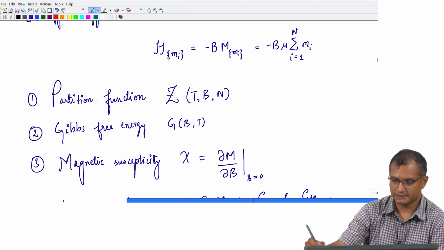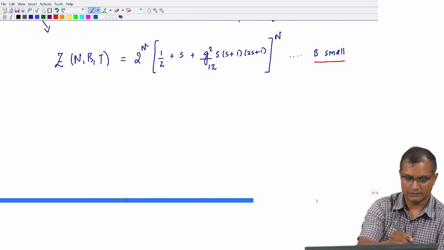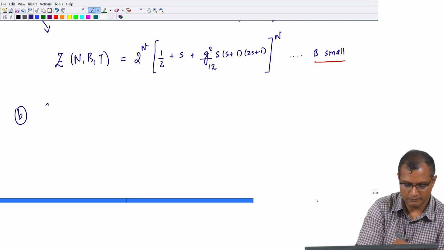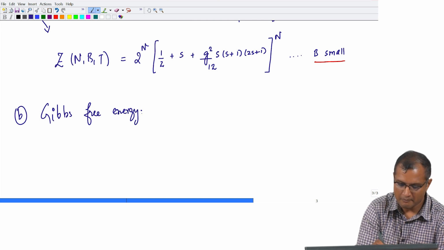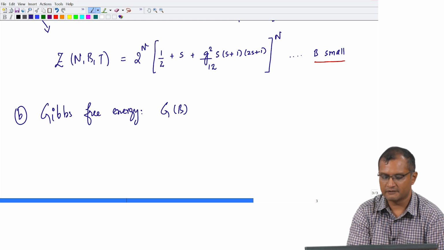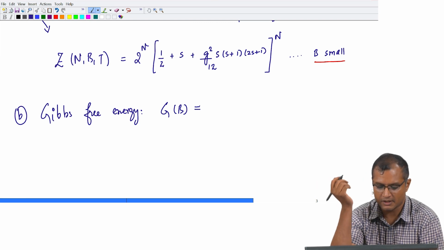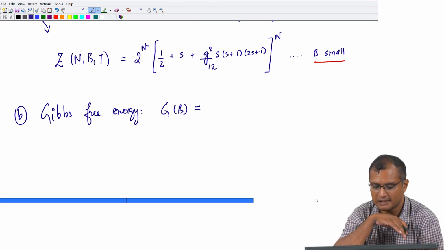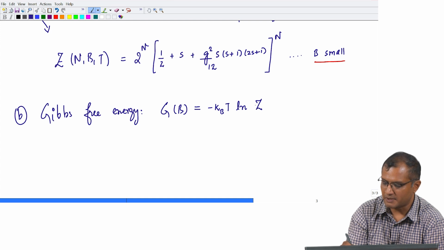For example, the first thing that you can compute is the Gibbs free energy. The Gibbs free energy, as we know, will now be a function of the field, and we know from the statistical mechanics discussions that there is a bridge between the microscopic world and the macroscopic observations, and that bridge gives us the value of the Gibbs free energy as minus kT ln of our partition function.